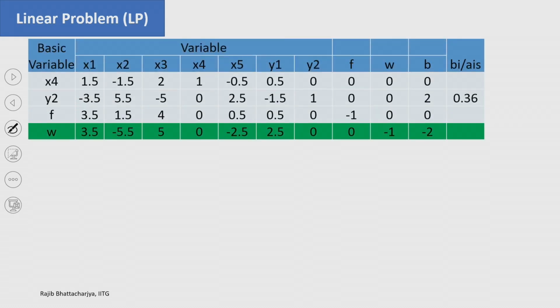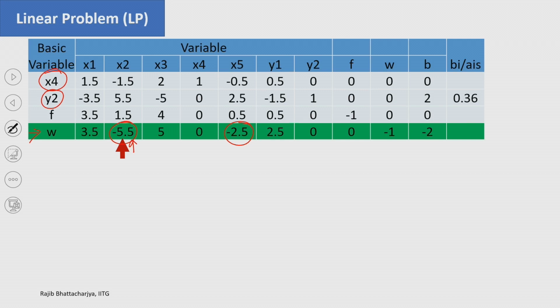Now, you just see that x 4 is now a basic variable, but y 2 is still there. Okay. So, we have to look again in this row, is there any negative one? Yes. This is a negative value, this is also a negative value, but this is the minimum one. So, x 2 will now enter into the basis, and let us look at the ratio.